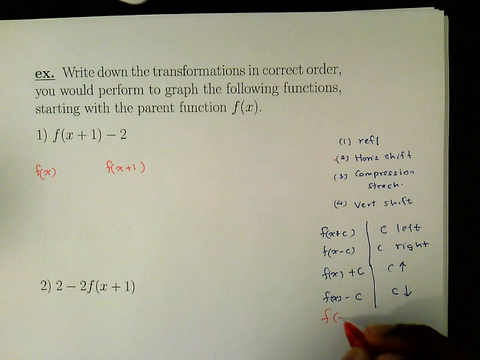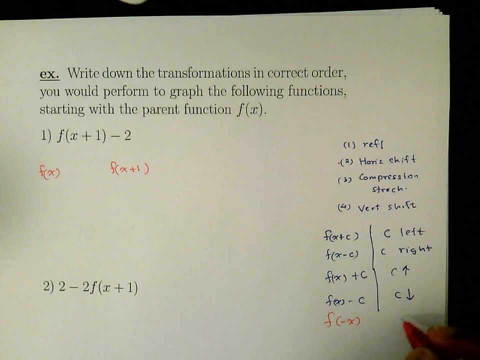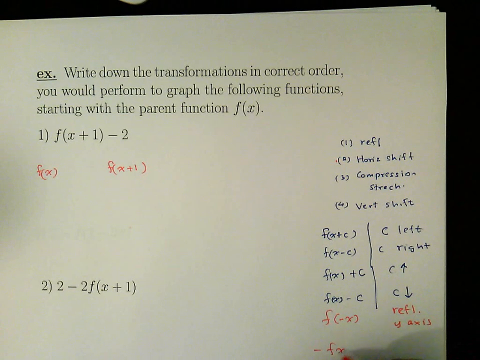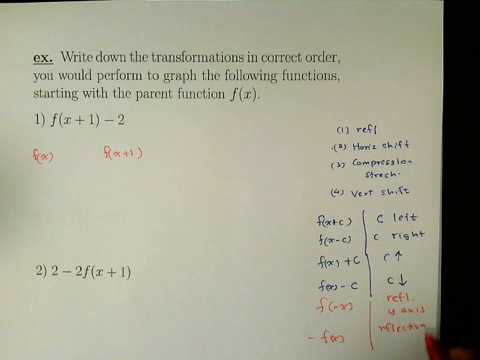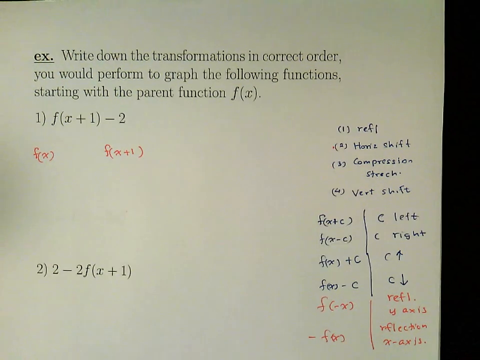And f(negative x), that's reflection with respect to the y-axis, and negative f(x), that would be negative sign outside, that would be reflection with respect to the x-axis. Okay, so these are the things we discussed in class.